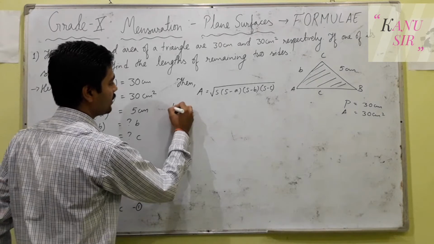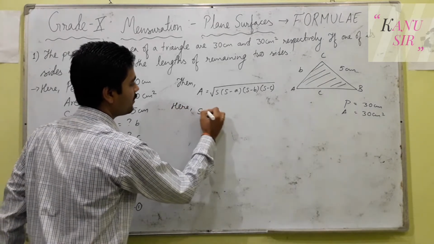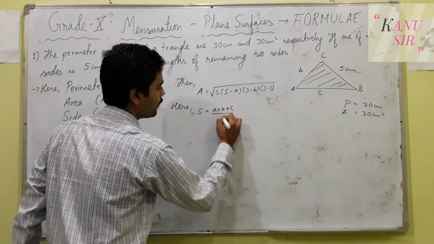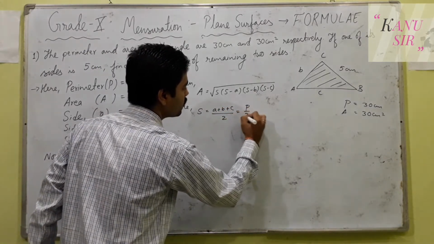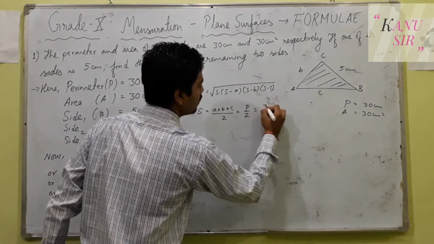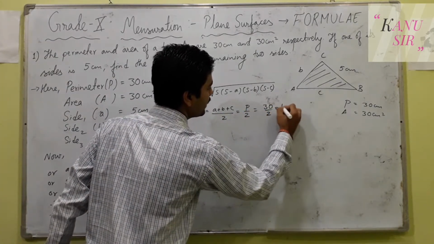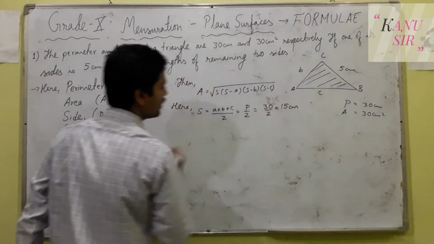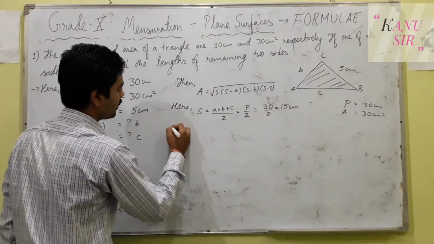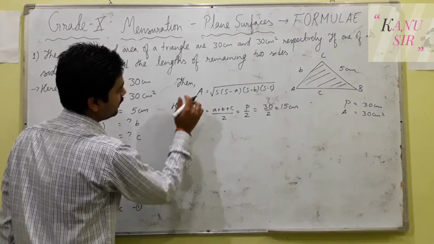So the semi perimeter S is A plus B plus C upon 2, that is P upon 2, and we know the value of P, that is 30. So 30 divided by 2, you will get 15 cm. Now it is getting easier, so you can continue with the area.